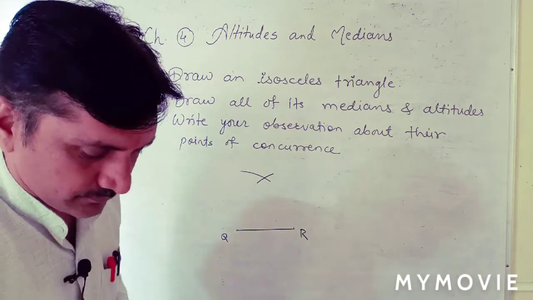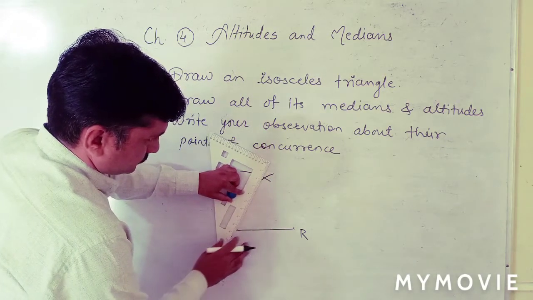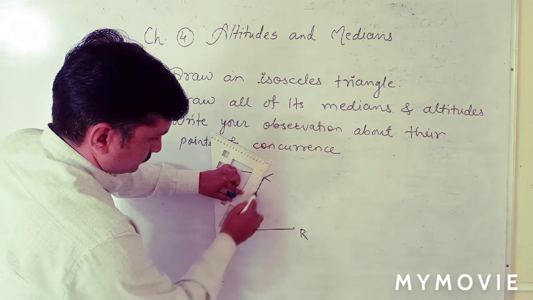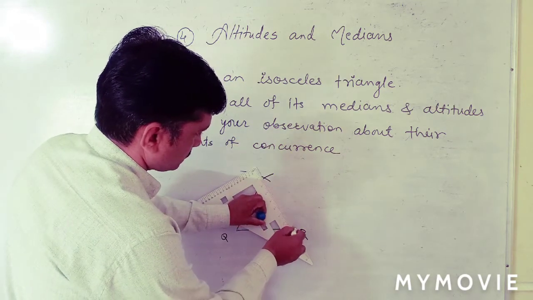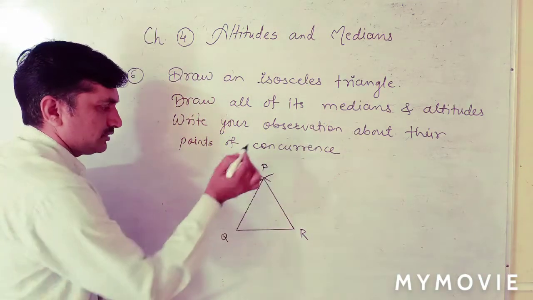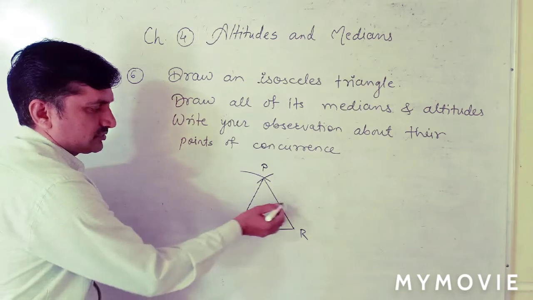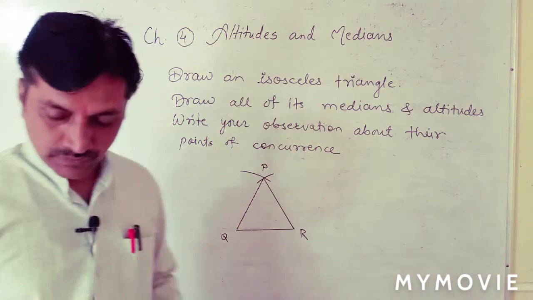And now join them. Here I give it the name P. This is equal to this, that's why this is isosceles triangle PQR.